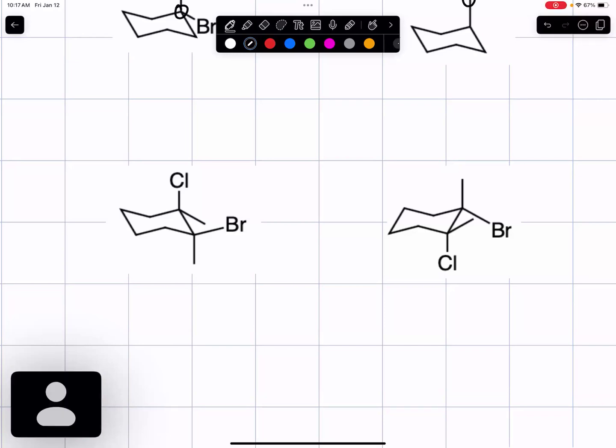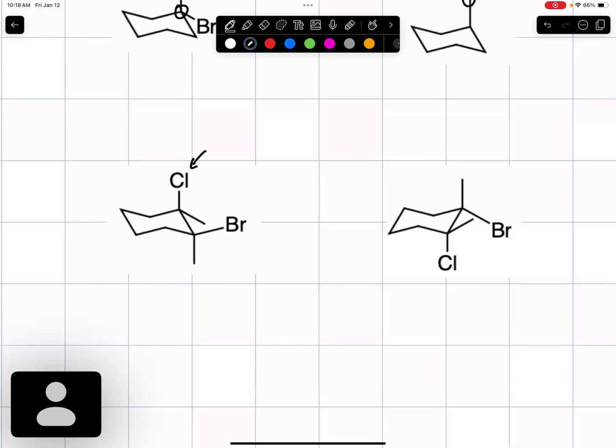You could do an actual ring flip and see if it's the same. Okay, I could. Speaking more generally, a ring flip would work.